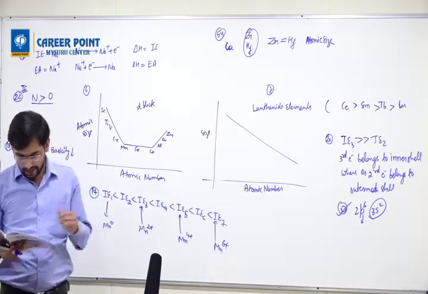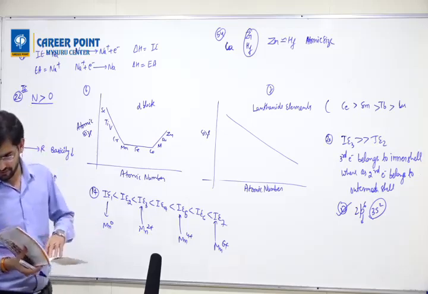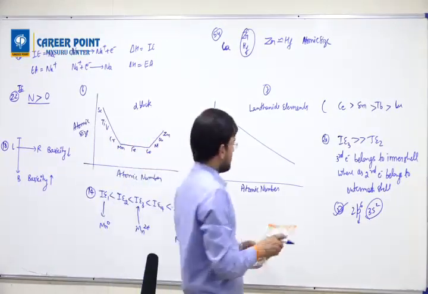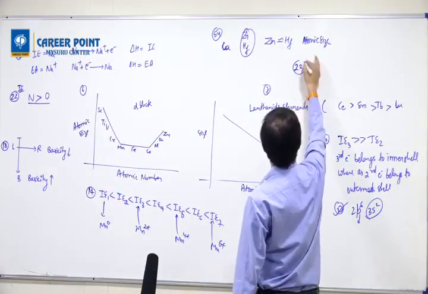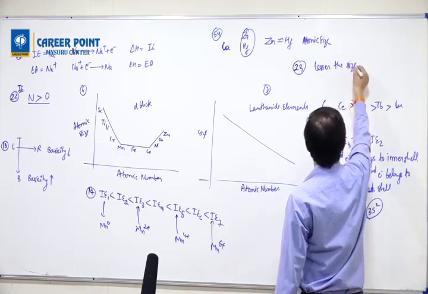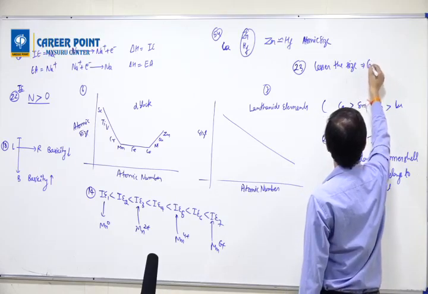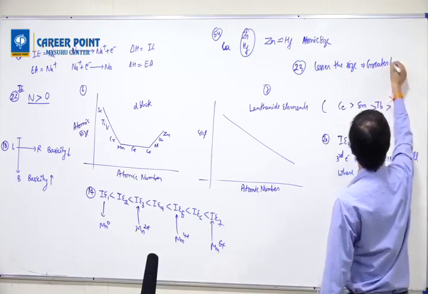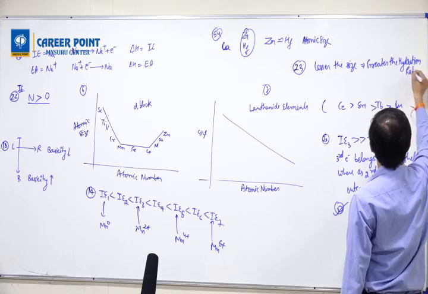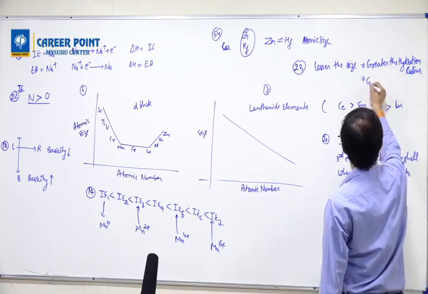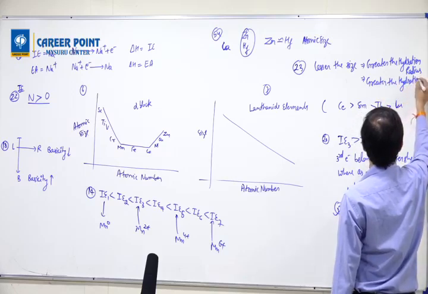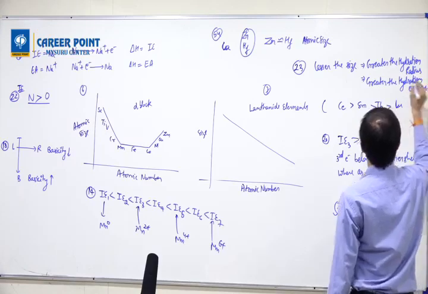Okay, this done. After 54, question number 23. Which of the following ions has the maximum hydration energy? So 23 is: lesser the size, greater the hydration radius, also greater the hydration energy.